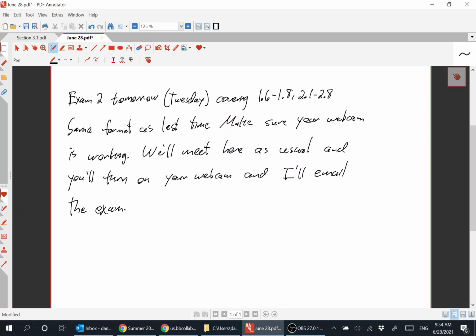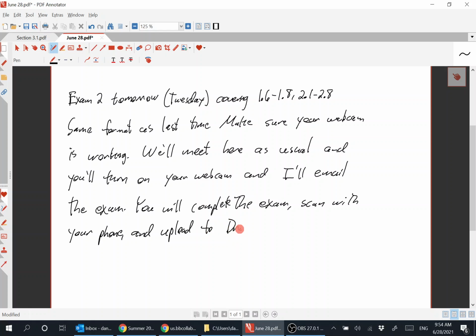All right, you will complete the exam, scan with your smartphone and upload to Dropbox, all while on camera. So we have a properly proctored exam environment. Okay.